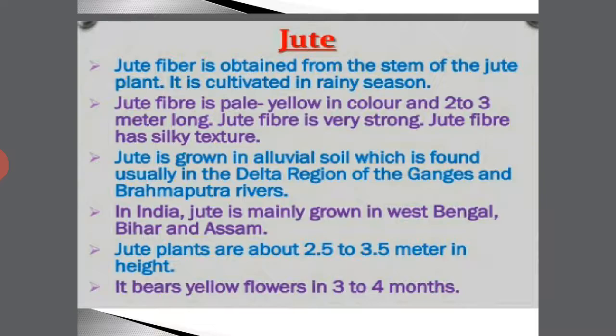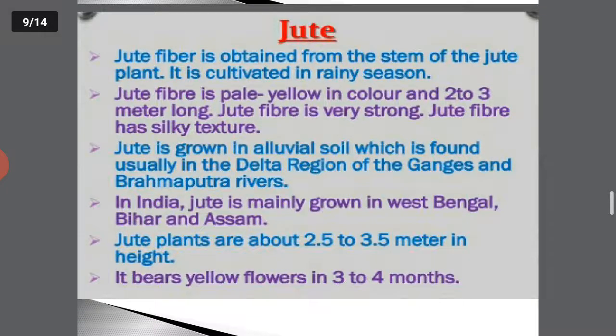Its color will be pale yellow, and the color of cotton was whitish yellow in the earlier stages, and then it's the white color of the cotton fiber finally before being dyed. Jute is grown in alluvial soil, which is found usually in the delta region of the Ganga and Brahmaputra rivers.